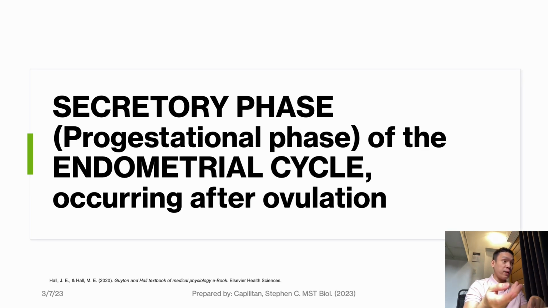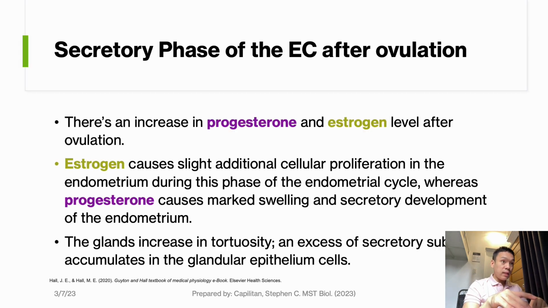Now, the secretory phase, or the progestational phase, of the endometrial cycle occurs after ovulation, when there is an increase of progesterone and estrogen levels. The estrogen will cause a slight additional cellular proliferation in the endometrium during this phase, whereas progesterone will cause a marked swelling and secretory development of the endometrium. The glands increase in tortuosity, and secretory substances accumulate in the glandular epithelial cells.